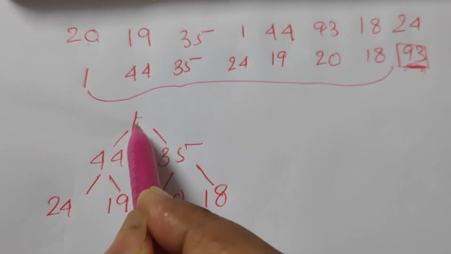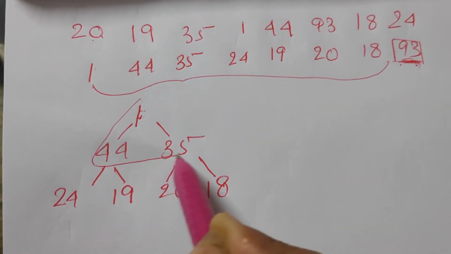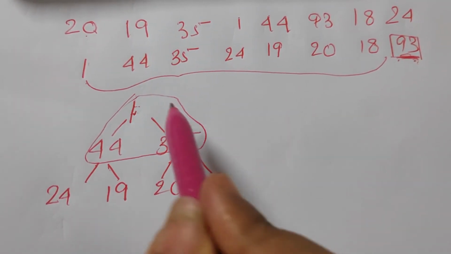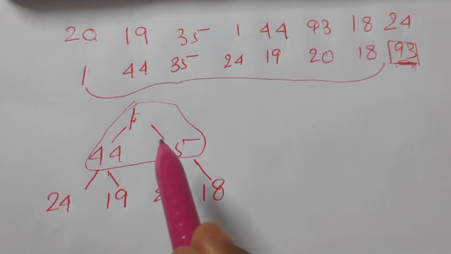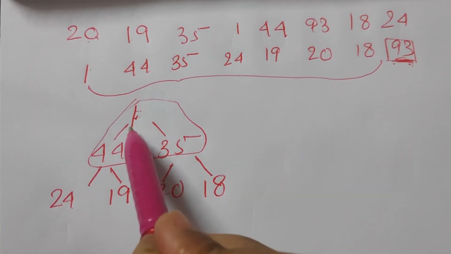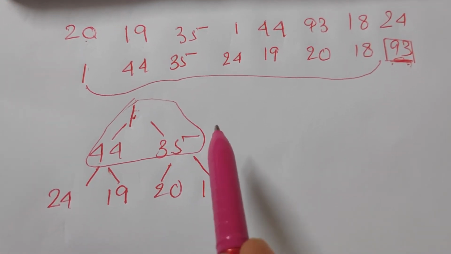Zeroth is the root node, so we will start with 1 and check whether 1 and its children follow the rule of max heap. But we find over here that 1, 44 and 35 are violating the rule of max heap.